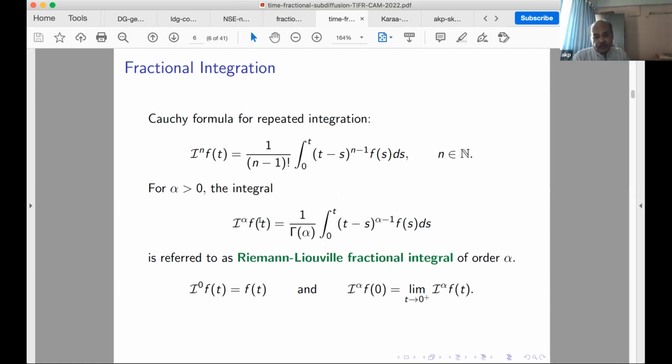Yes, it can be generalized. This is known as the Riemann-Liouville fractional integral of order alpha. The good thing is that at t equal to 0 plus, I^alpha f(t) is going to be 0.